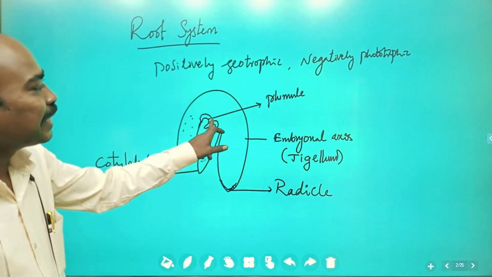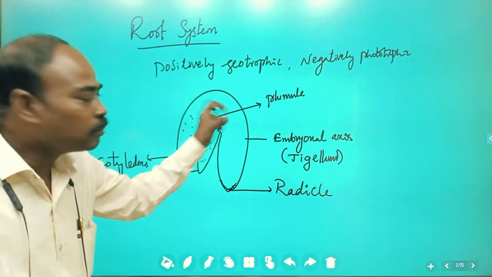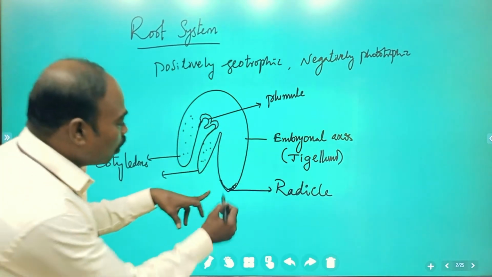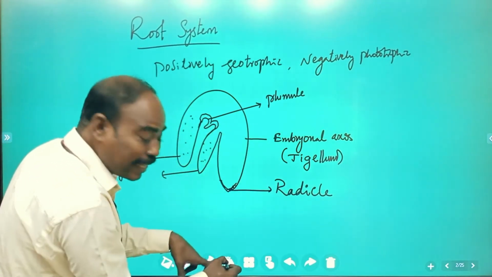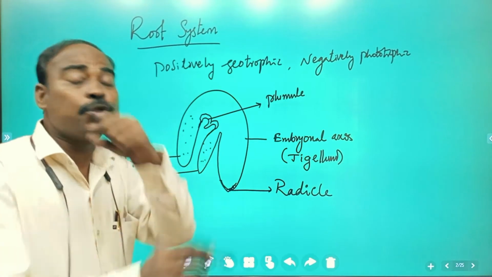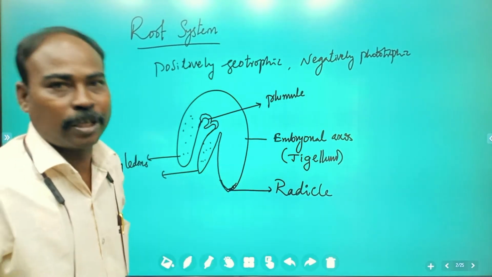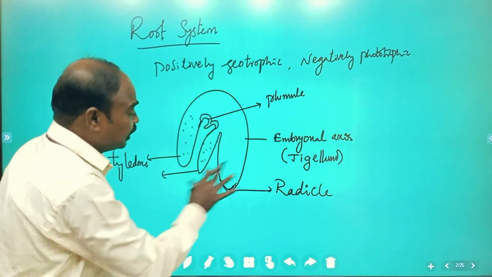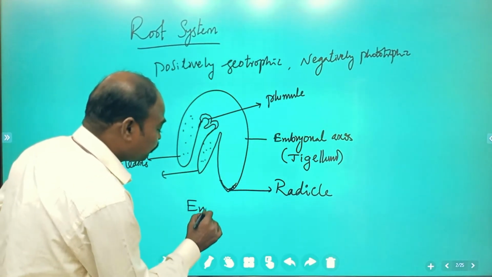The plumule is the region from where the shoot system develops at the time of germination. The radicle grows, elongates and produces the root system at the time of germination. So at the time of germination of a seed, within the seed this is the structure of the embryo.